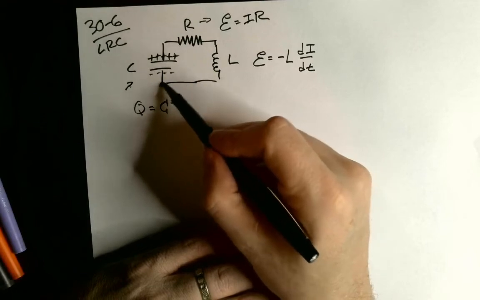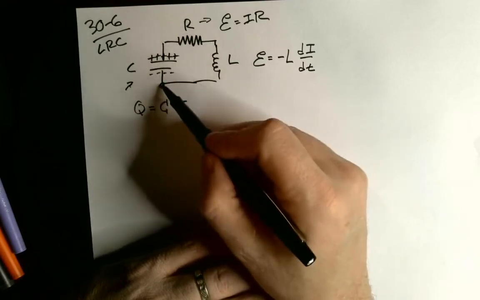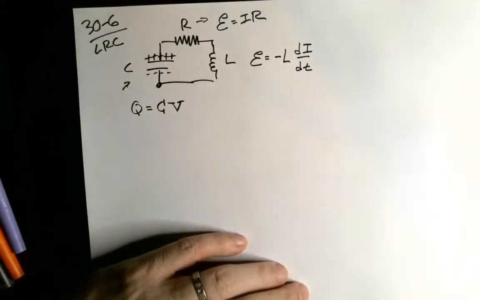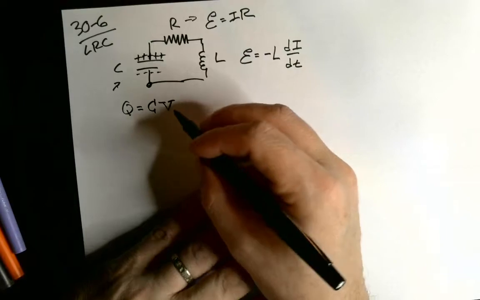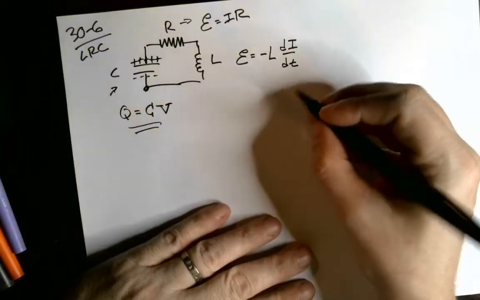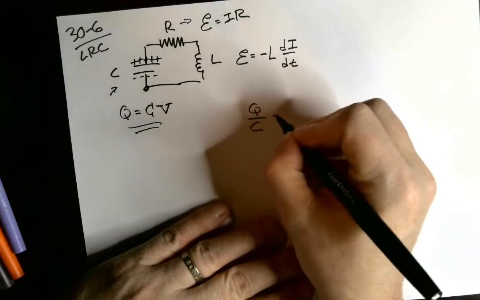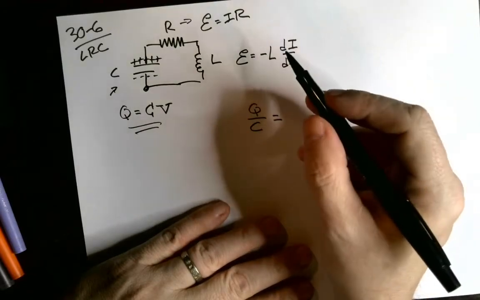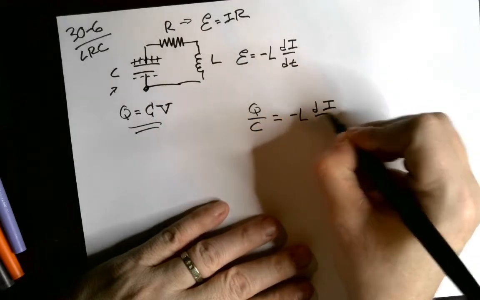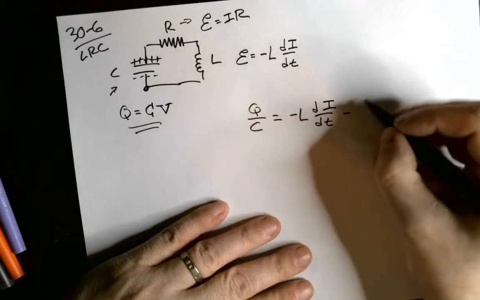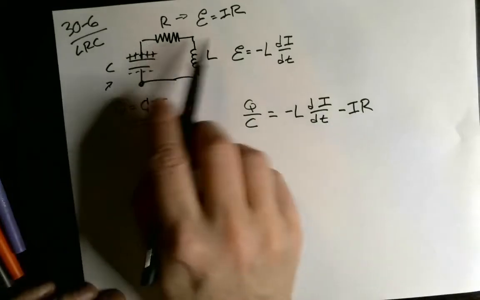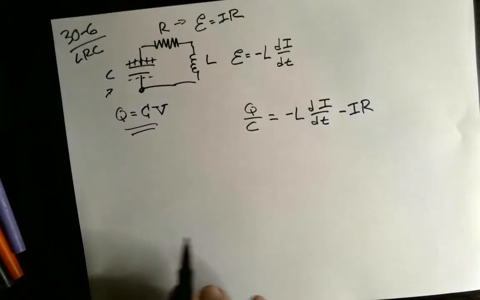Okay. So we can think about this as just applying Kirchhoff's rule going around the loop. We go the wrong way across the capacitor, we go through a resistor, we go through an inductor. The differential equation we get is this voltage, which is Q over C, is equal to minus L di dt and minus I R. Remember when you go across the resistor, you get a voltage drop.